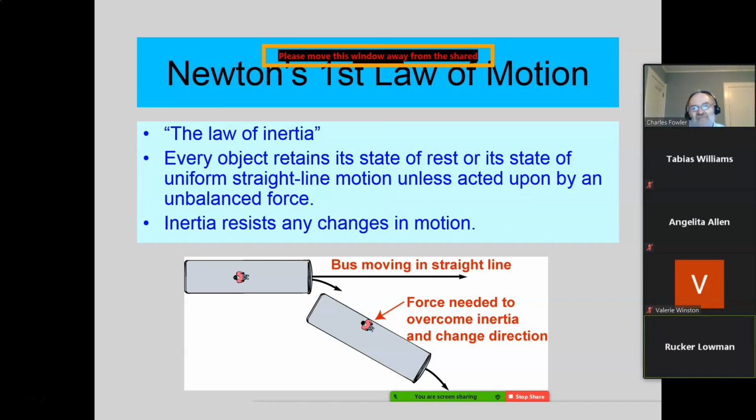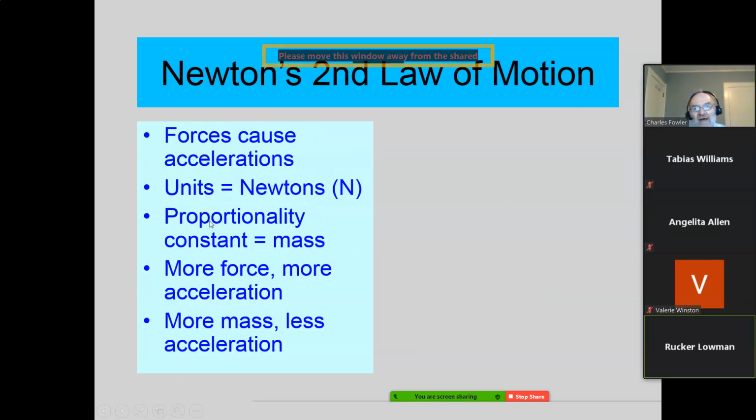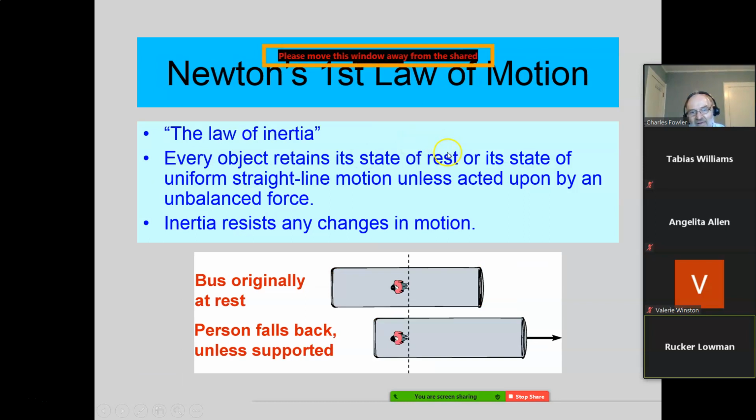And it says if there is an unbalanced force, then you have a change of motion. So forces cause, if you remember what acceleration was, a change in velocity. The change in velocity could be a change in speed, like here, the bus was at rest, you're at rest, the bus takes off, that's a change in speed.